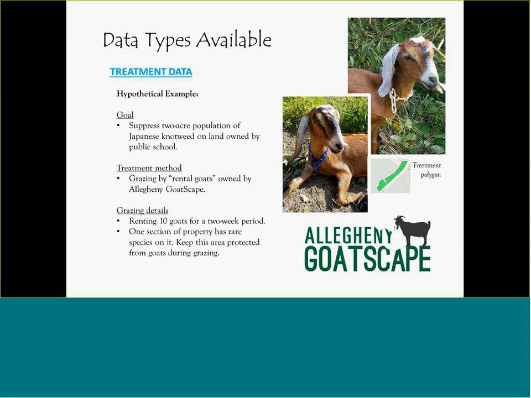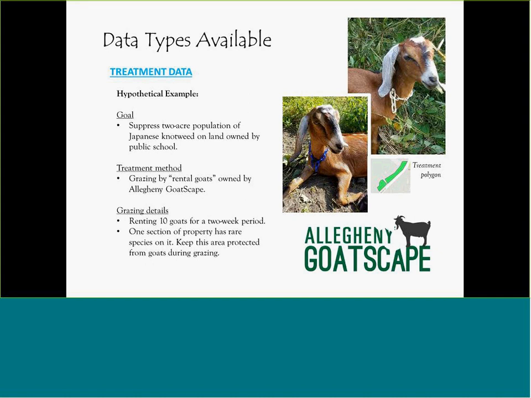So another hypothetical example, and we'll use the goats for this one, is say you have a 2-acre population of Japanese knotweed on land that is owned by a public school. You think that the most appropriate method to go about treating that Japanese knotweed isn't necessarily chemicals, because it's on school property and you don't want the children to be impacted by that.